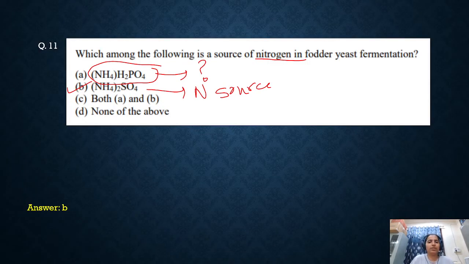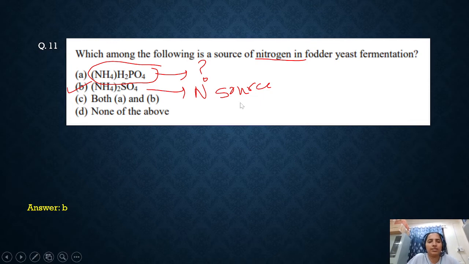Okay, now coming back to the question. This ammonium sulfate we use as a nitrogen source. Then this first one, this ammonium biphosphate, why is it used? Okay, no one wants to answer.